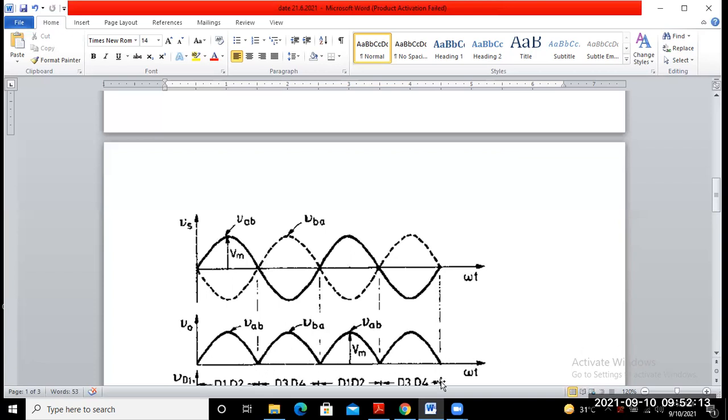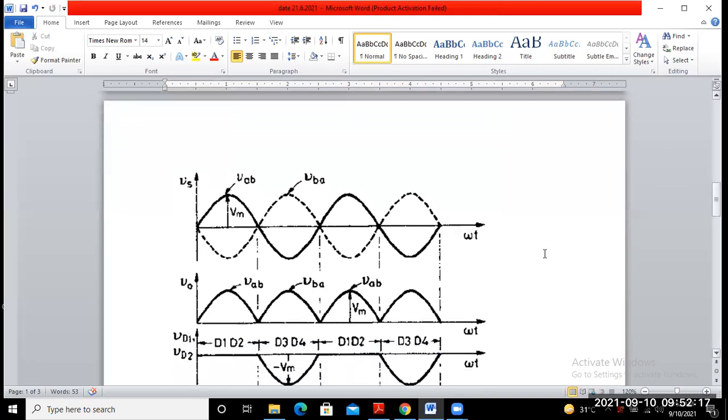I have also indicated that here. Again, from 2 pi to 3 pi, D1 and D2 conduct, and from 3 pi to 4 pi, D3 and D4 conduct. Now, next, we want to draw the voltage across diodes 1 and 2.